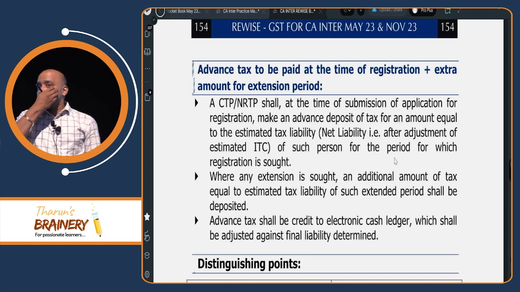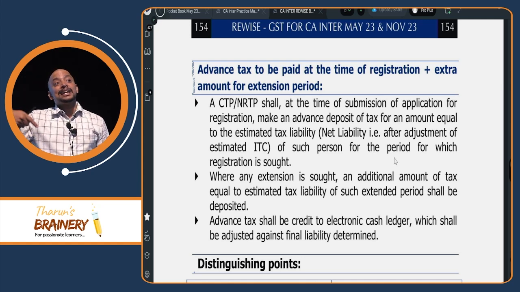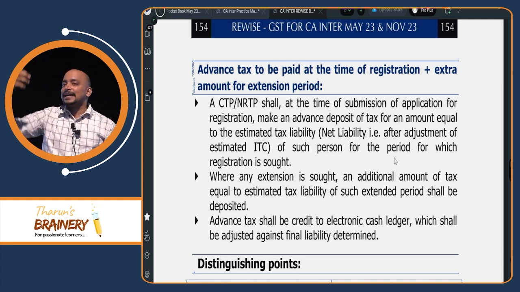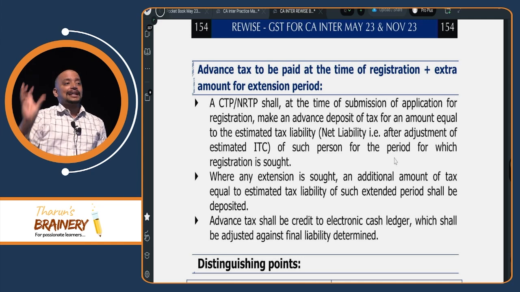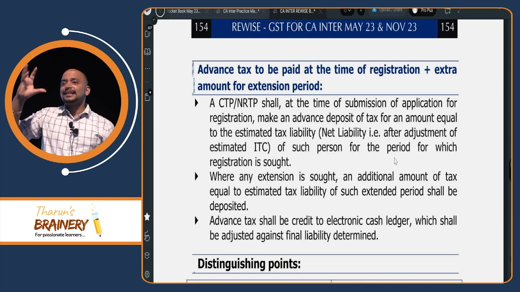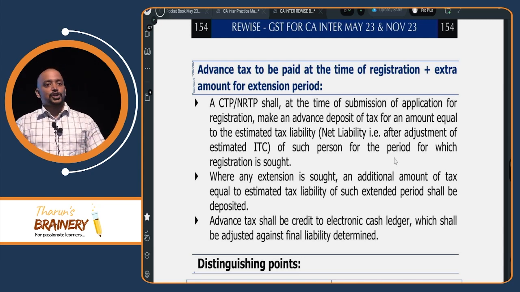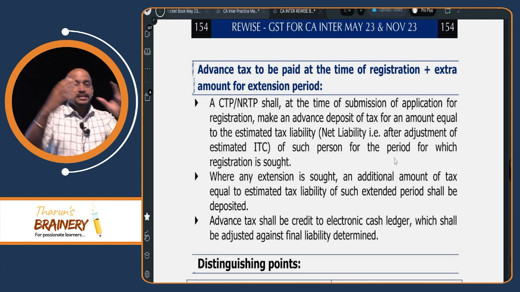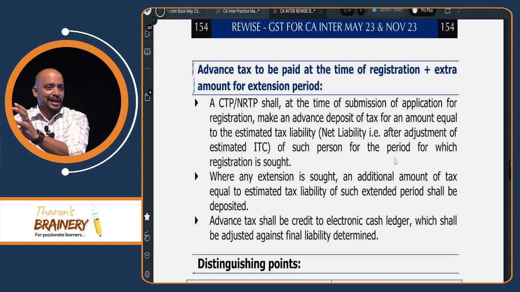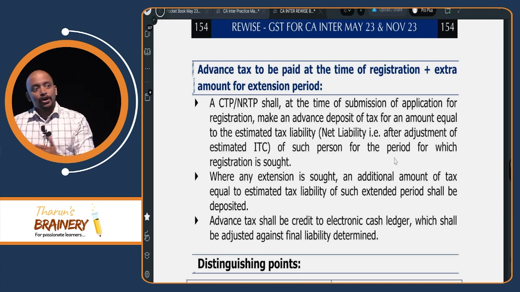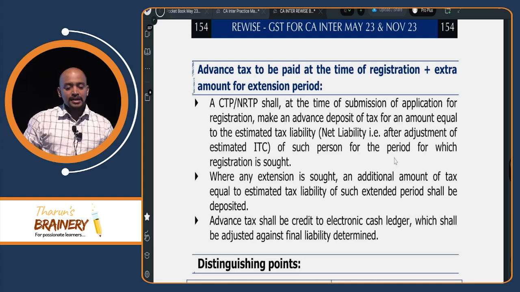So means with respect to their estimated net tax liability, they need to compute how much could be my turnover and how much could be my ITC. So estimated net tax liability, they need to deposit as advance tax. This advance tax will be deposited in electronic cash ledger, will be adjusted against their liability. Still, if there is a balance in electronic cash ledger, they will get it as a refund. If there is any shortfall, they need to pay that amount. Okay, see this.